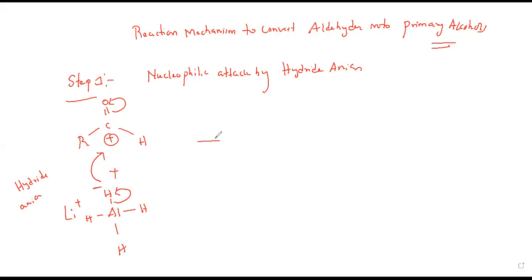Now you can write the structure R, single bond oxygen with 3 lone pairs of electrons, plus lithium alkoxide.